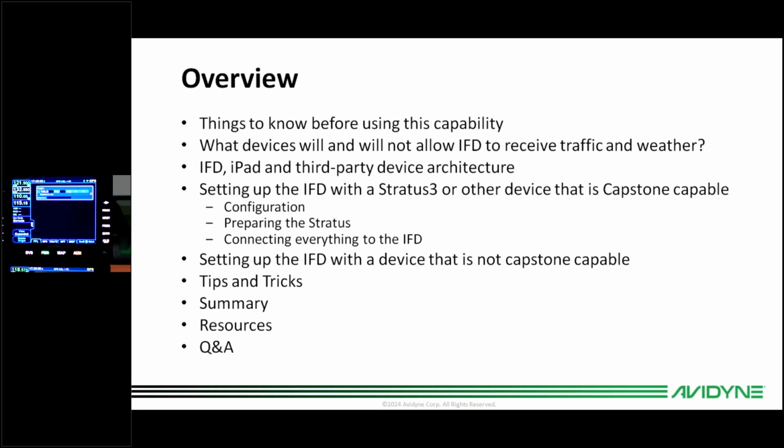Setting up the IFD with the Stratus3 or another device that is Capstone capable. So we'll go through configuring the IFD, preparing the Stratus, and then getting the iPad, Stratus, and IFD to all talk to each other. Then also, to address those that have devices like the ForeFlight Sentry or other devices that are not Capstone capable, we're going to go over that setup as well.